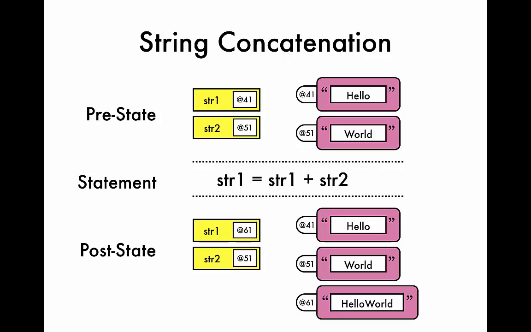By the way, the word mutable means changeable, and the word immutable means not changeable. Notice also that the reference value of str1 has changed. It now references the new hello world object at address 61. Remember, I just made up these addresses. The real memory addresses are hidden from the programmers.